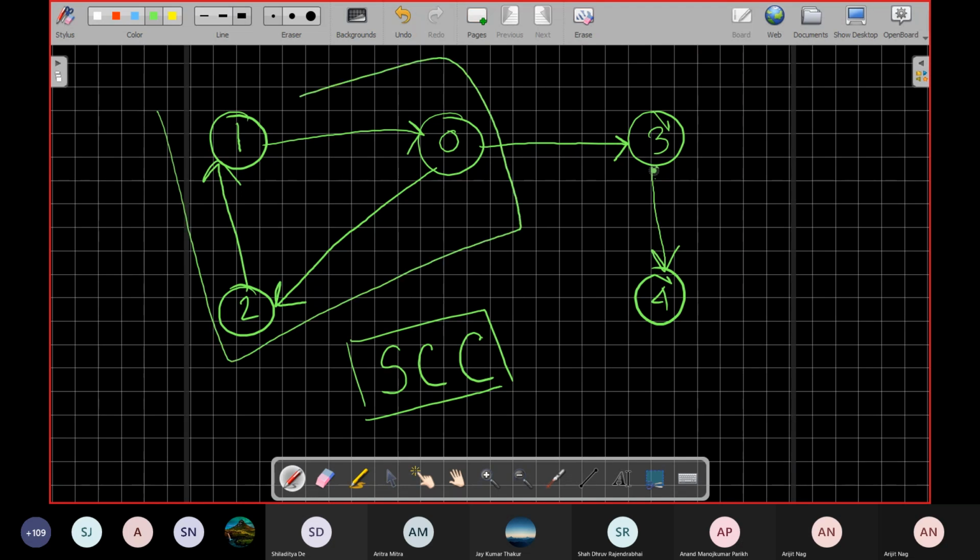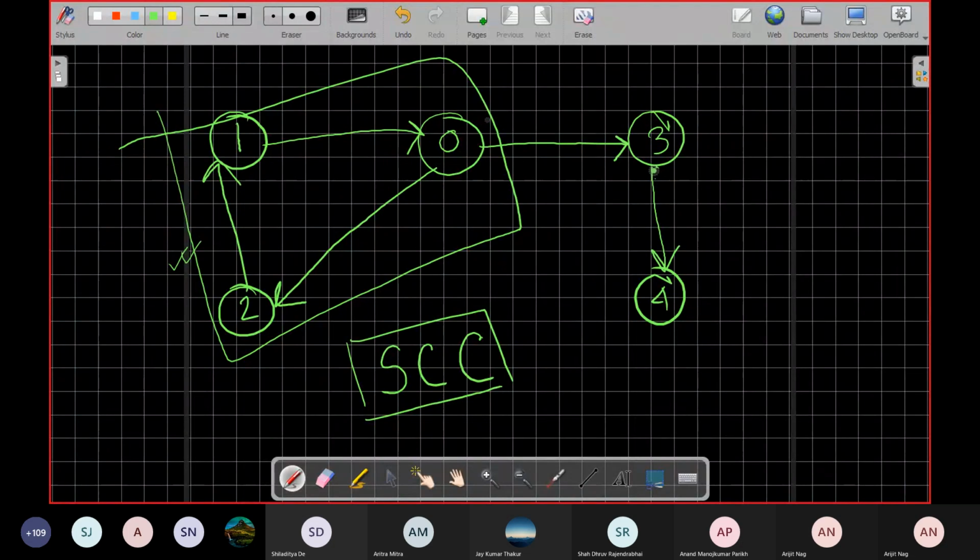If you see this component, you can go from any vertex to any vertex. So basically, this is a cycle. You can go from 1 to 0, 0 to 2. So every node is reachable from everywhere.